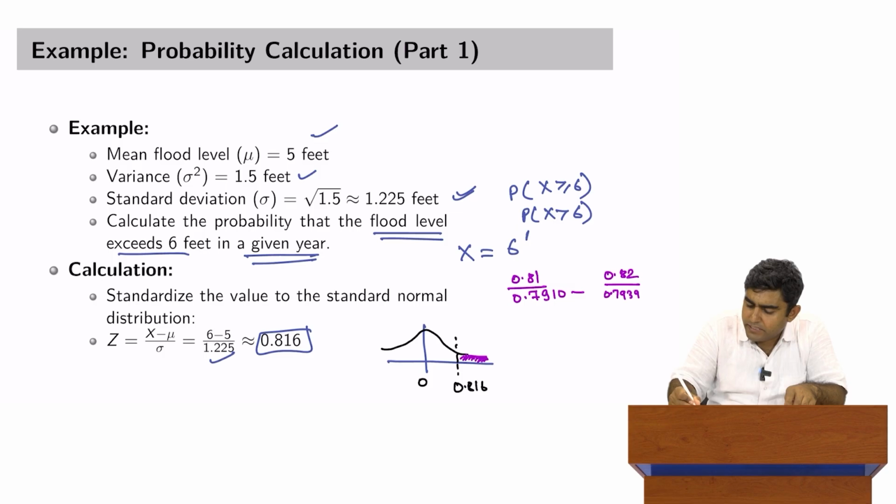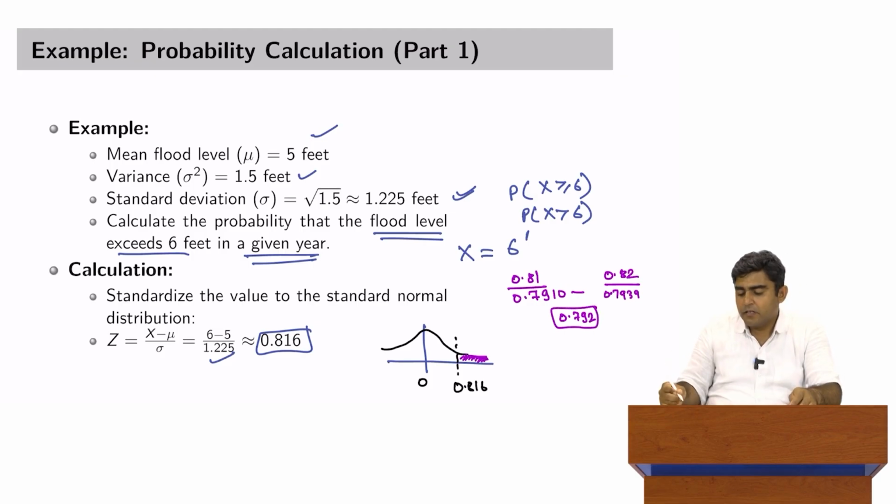So we can assume that at 0.816 the value would be somewhere around 0.792. What does this 0.792 represent? It represents that the area on the left side up to this point, out of 1, is 0.792. The total area under the curve is 1.